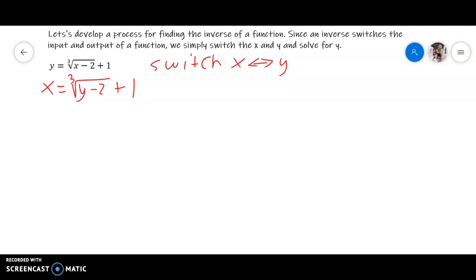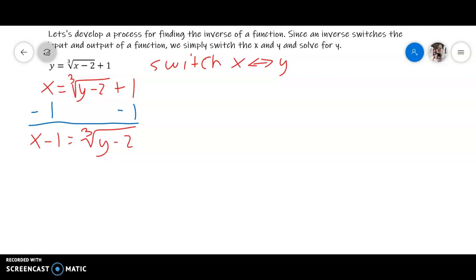So how do I do that? I need to isolate my radical, so that means I need to subtract 1 from both sides. So I subtract 1 from both sides. That gives us x minus 1 is equal to the cube root of (y minus 2). Now you'll notice that my cube root is isolated.